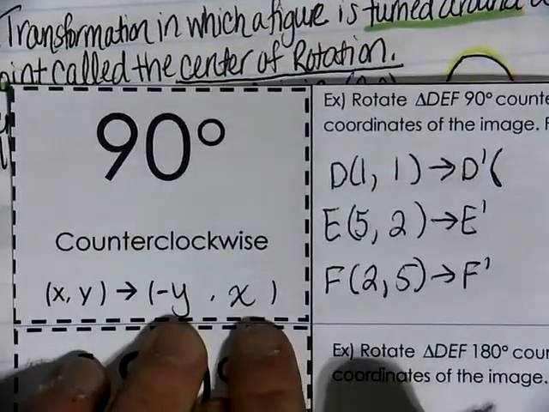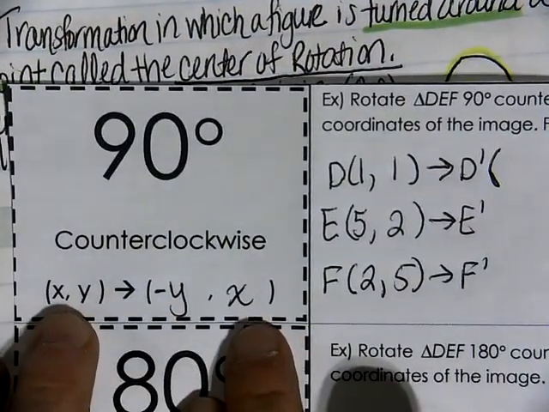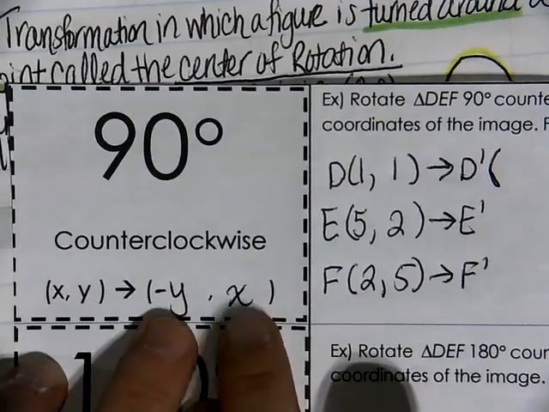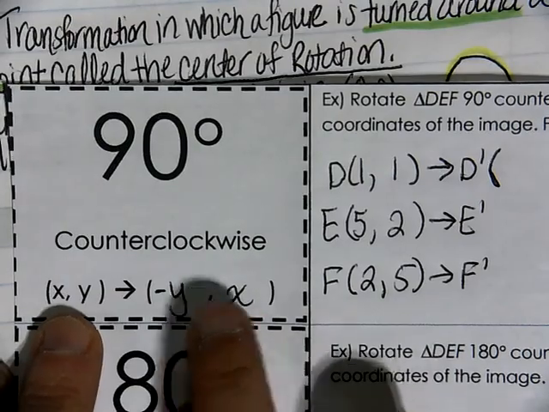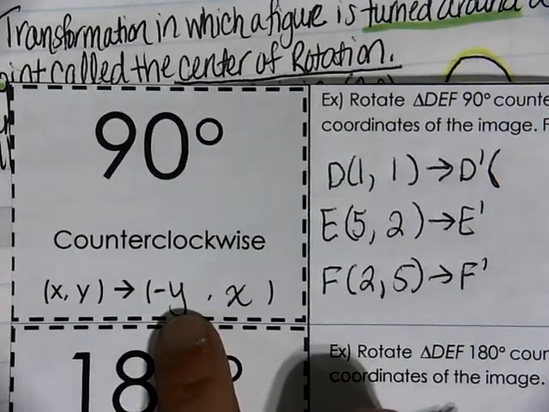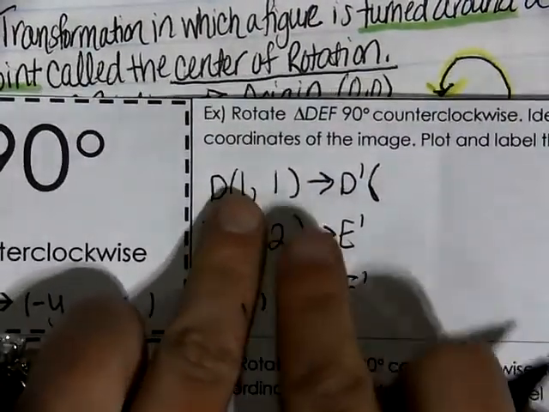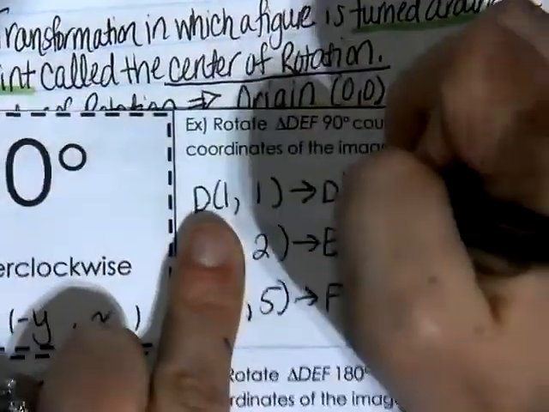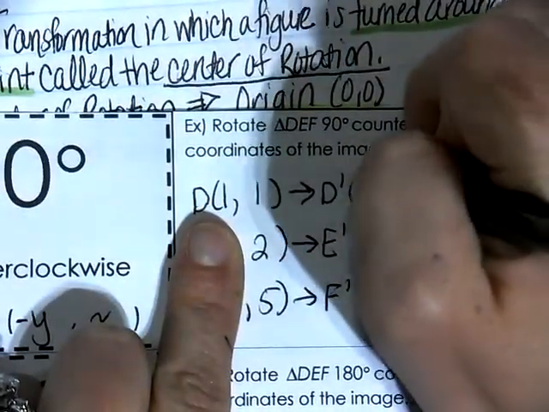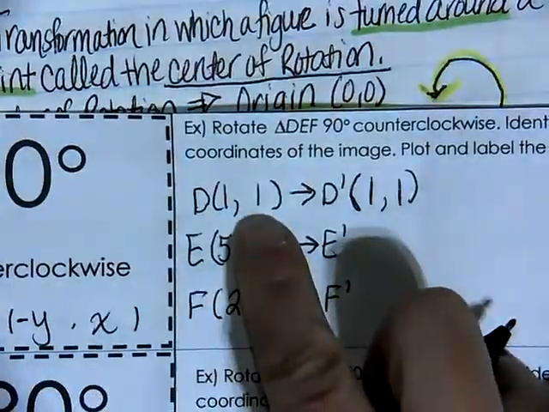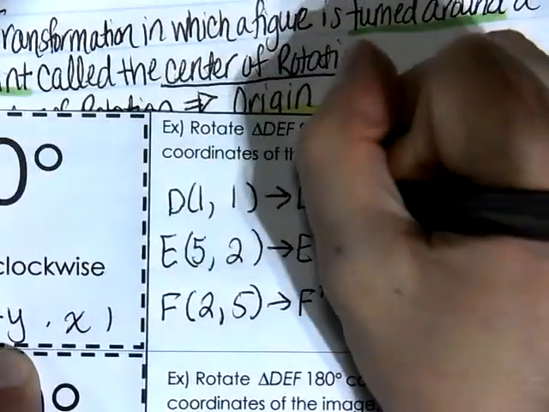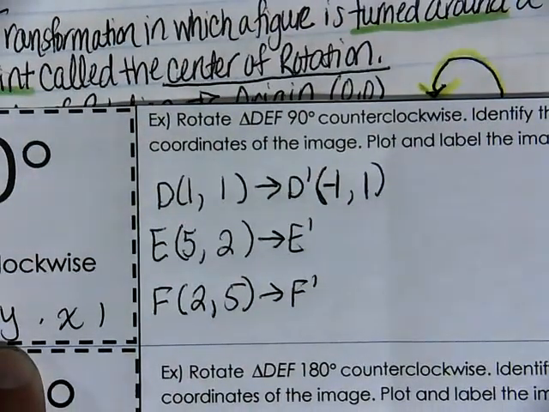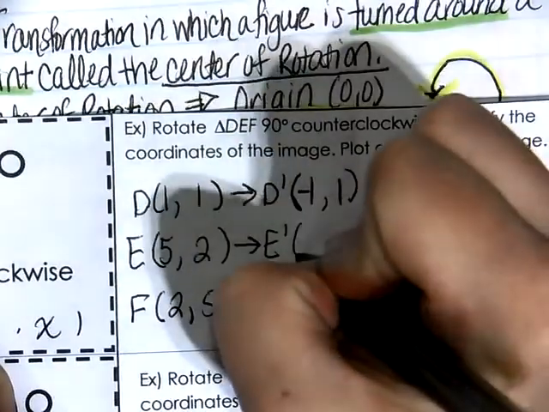So what this means is that I'm going to switch x and y, but x is going to maintain its normal sign and y will have an opposite sign. So I'm going to switch 1 and 1, so they're going to stay 1 and 1, but my y value is going to become the opposite sign, and that's going to be D prime.